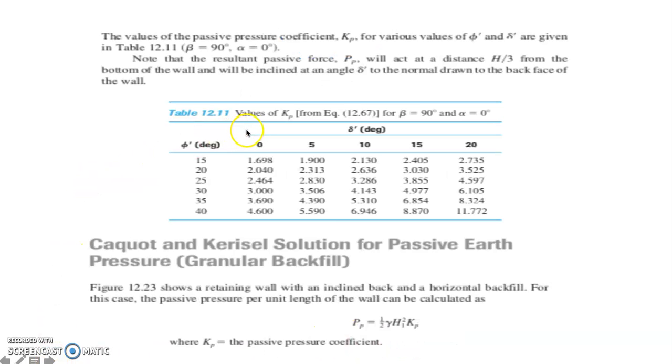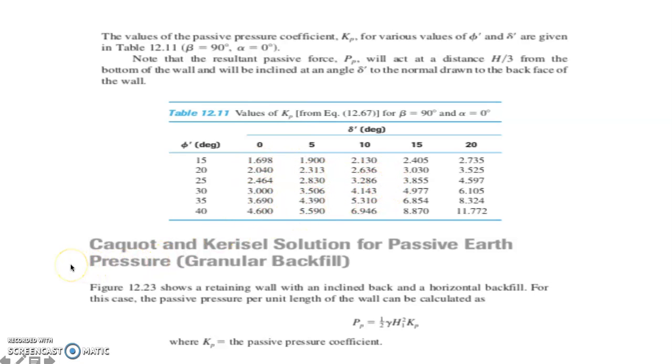The values for K sub P can also be identified for beta equal to 90 degrees and alpha equal to 0 degrees. For this one, we have to know the value for phi prime and delta prime so that we can have the value for K sub P.